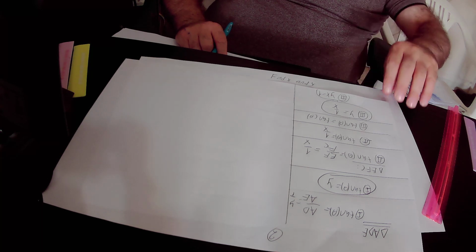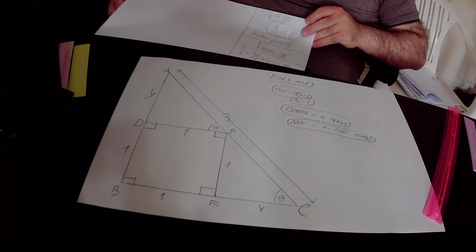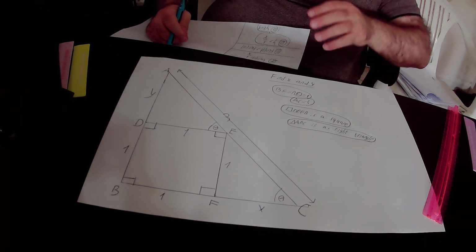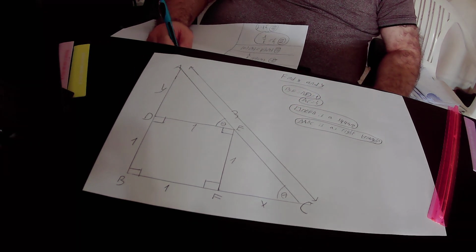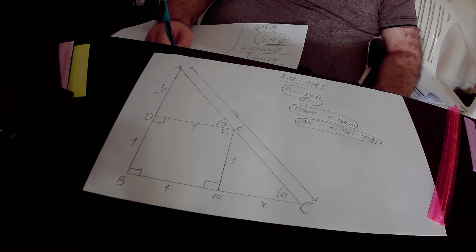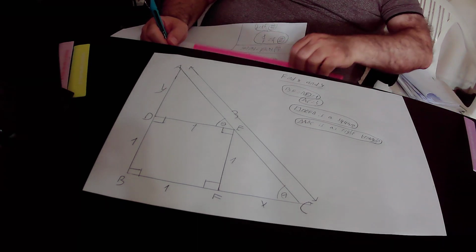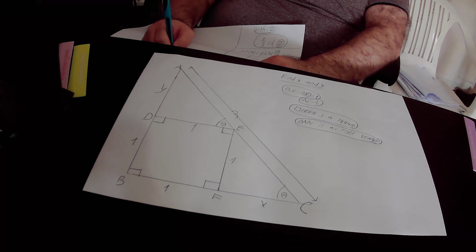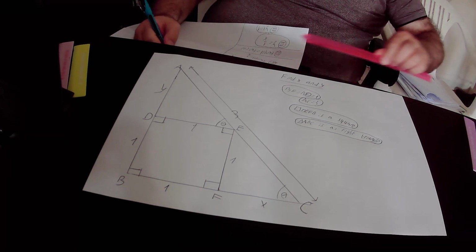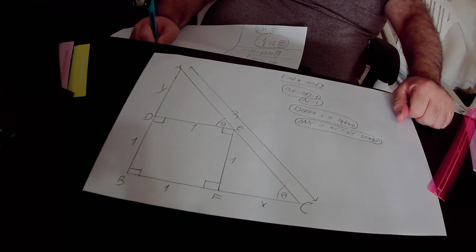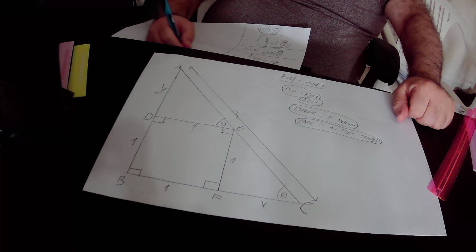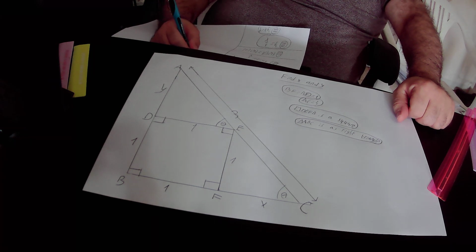Okay, so in the next step, we will focus on the right triangle ABC. In the right triangle ABC, according to the Pythagoras theorem, the square of the hypotenuse equals the sum of the squares of the perpendiculars.